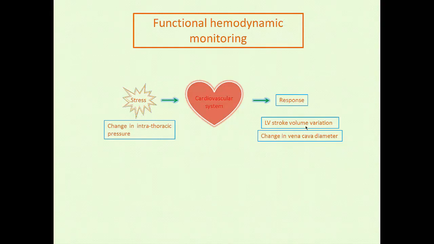So those are all basically different measures of LV stroke volume variation. And that's sort of like an arterial side-based assay. And then you have the venous side assays, which is the change in the vena cava diameter. And I'm going to talk about each of these in turn through this lecture.